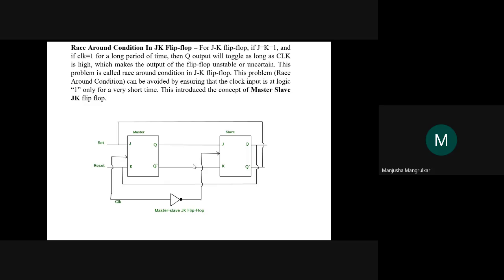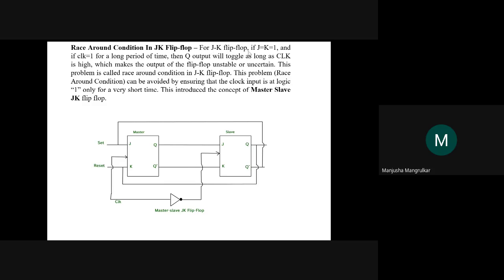It may come 1 sometimes, it may come 0 sometimes, it may come any. We cannot predict the output exactly, but a digital system doesn't work on prediction, it wants a fixed output. So that problem has been recovered in the JK flip flop, that is called the race around condition in a JK flip flop, right?